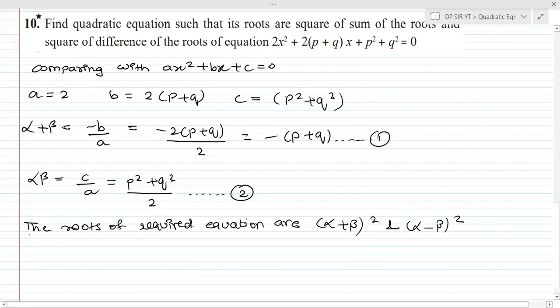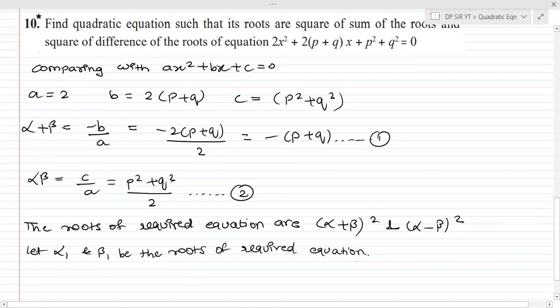Also, now I would say let alpha 1 and beta 1 be the roots of the required equation.